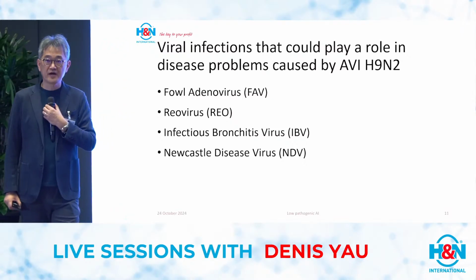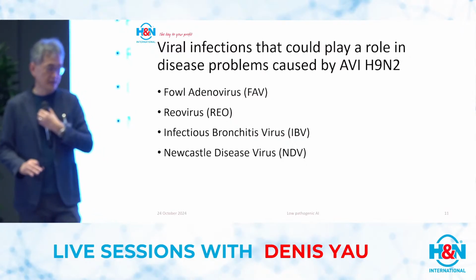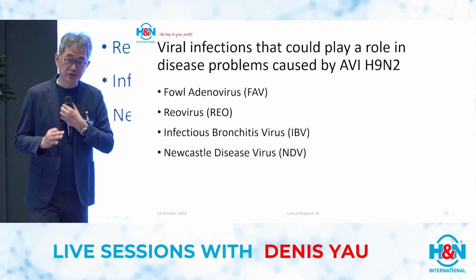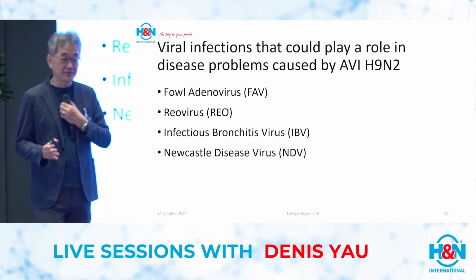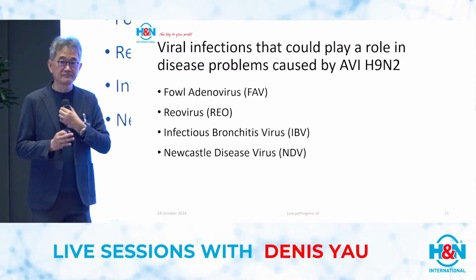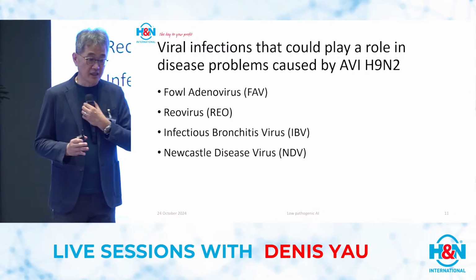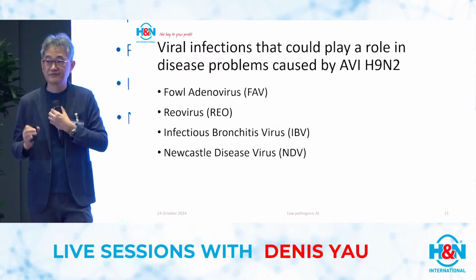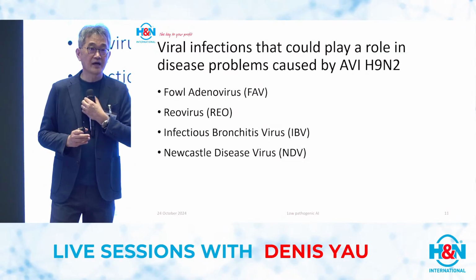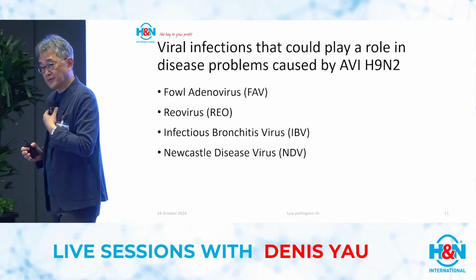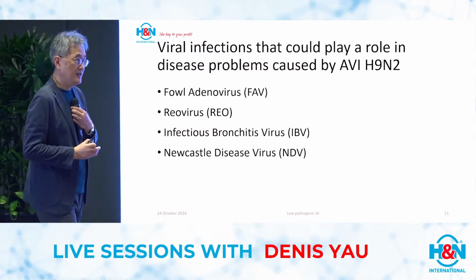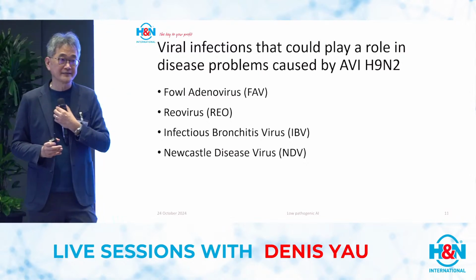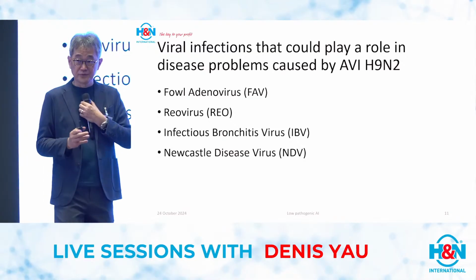We tried to find whether the low pathogenic AI combines with either respiratory disease like IB or ND, or some immunosuppressive disease like reovirus, or the most common one nowadays in India, for instance, hypopericardium, perihepatitis, adenovirus, or adenovirus type 4.